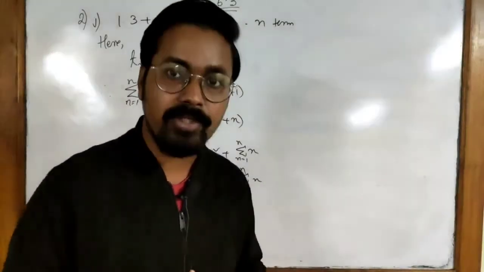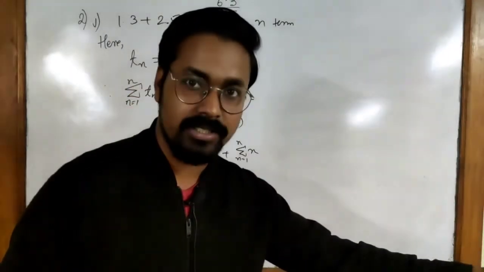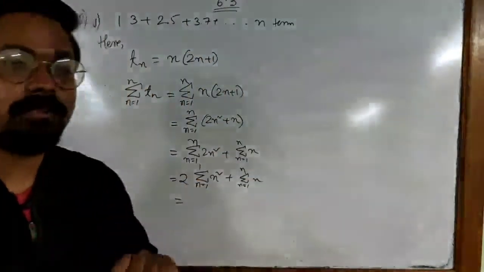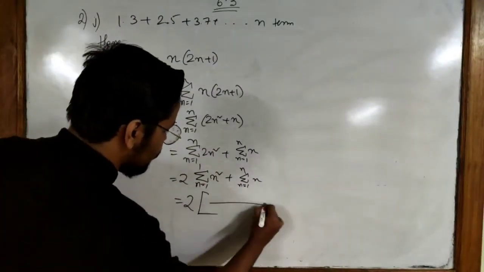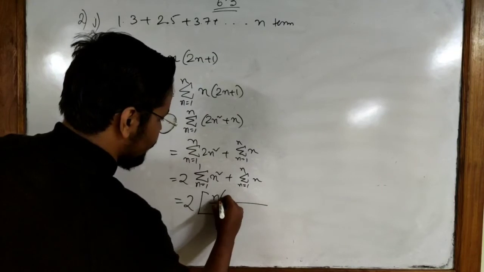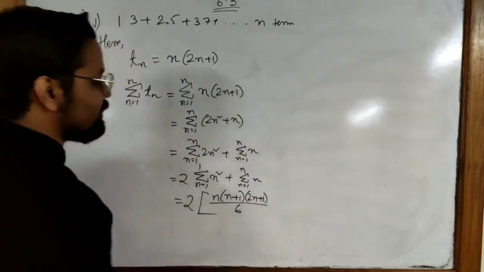Now summation of n square means from 1 to n, you have to keep on adding 1 square plus 2 square plus 3 square plus 4 square, that is the sum of the squares of all natural numbers. The sum of the squares of natural numbers has a particular formula, and that formula is n into n plus 1 into twice n plus 1 by 6.